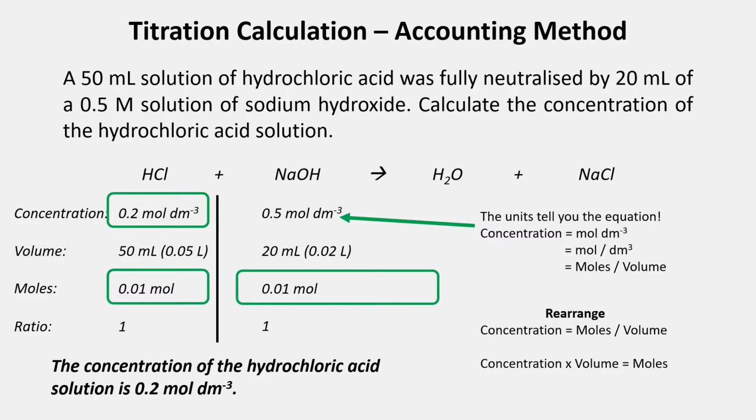So now we're looking at 0.2 and we're like, good, that's lower than the 0.5 moles per decimeter cubed. I've gone in the right direction. That's just a helpful way of checking, with a little bit of logic, whether you are going the right way. Because often with titration calculations, your errors are very large. If you make a mistake, the number will be way off. It won't be pretty close.